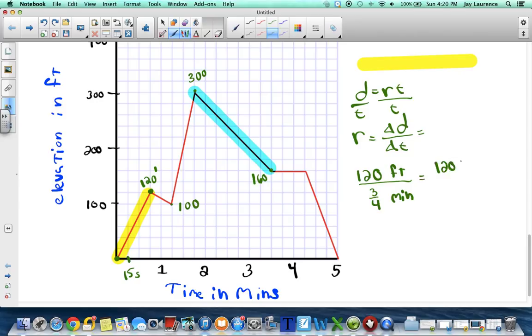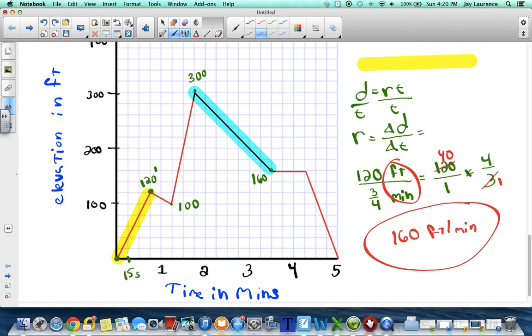I'm going to rewrite this 120 over 1 times, and remember, I have to use the reciprocal of 3/4, 4/3. And now I get to look for Wonder Woman. And here she comes. 3 goes into 120 40 times. 4 times 40 is 160 feet per minute.